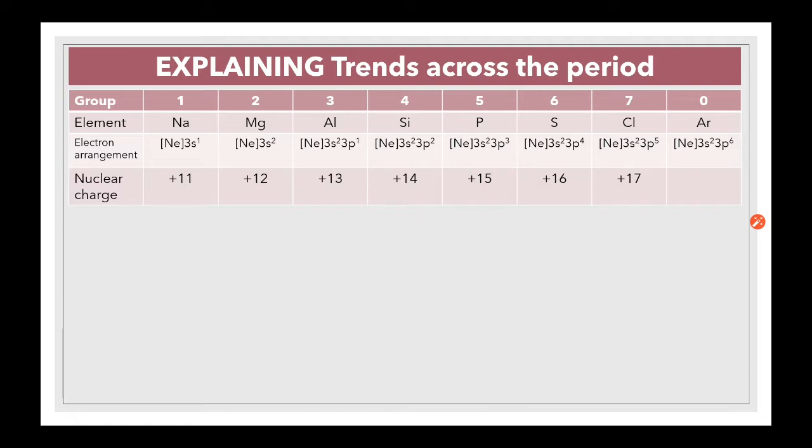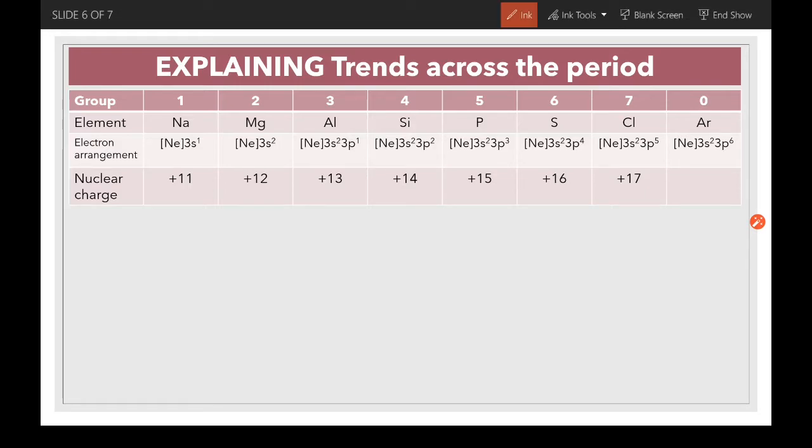This is how we increase the nuclear charge, but at the same time we are not significantly affecting the shielding. We add an extra proton and an extra electron as well, but that extra electron doesn't really interfere with the interaction between the nucleus and the outer electrons. If there's no change in that, then it's the nuclear charge that has the biggest effect, and that's going to pull in those outer electrons. They're going to be more tightly held and they're going to draw in.